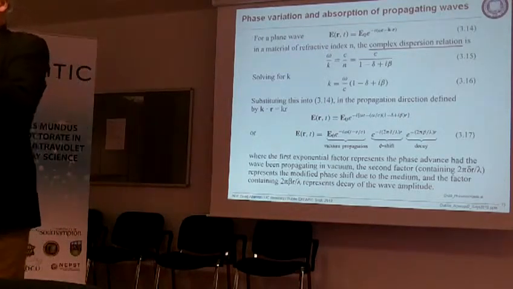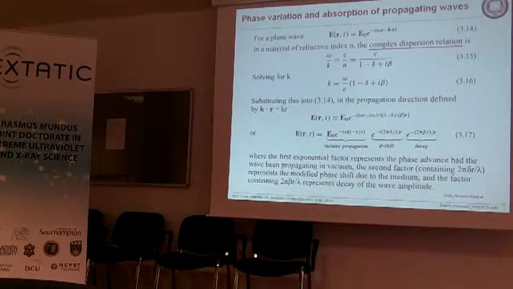The frequency is set. Okay, it has some frequency, and in vacuum it has some wavelength. But when it comes to some interface with a material, the boundary conditions at the interface will always preserve the time dependence. If the electric field is going up on one side of the interface, it's going to be going up on the other side of the interface. At the interface, the time dependence is preserved.